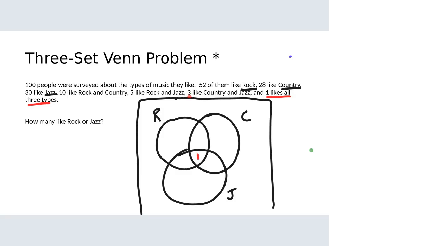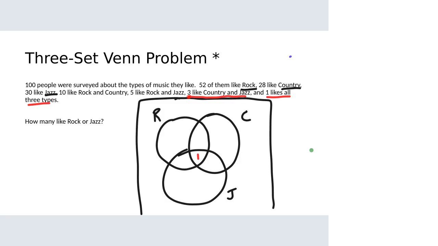Okay, continuing to go backwards, 3 like country and jazz. Well, country and jazz, where does country overlap jazz? That's in that football-shaped region there in the bottom right, these two regions right here. That's the overlap of country and jazz, the intersection of those. And according to this, I need 3 people in there, but I already have 1.